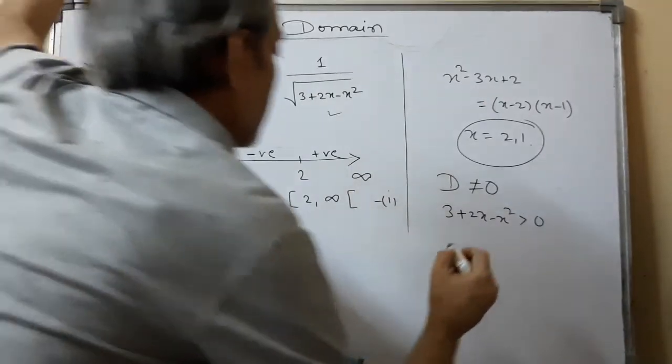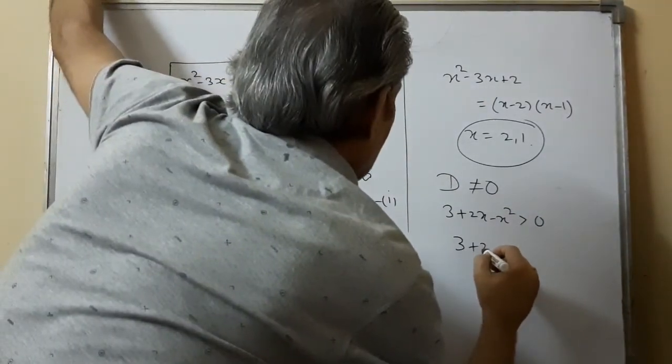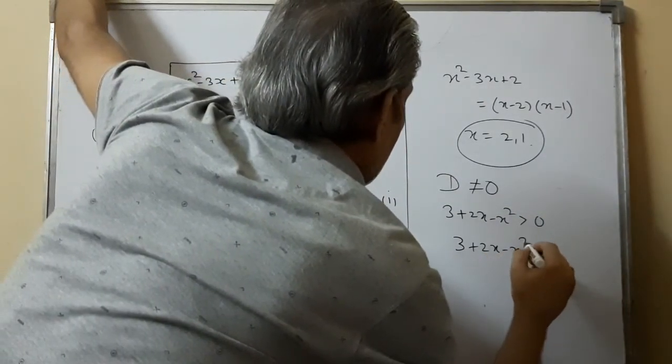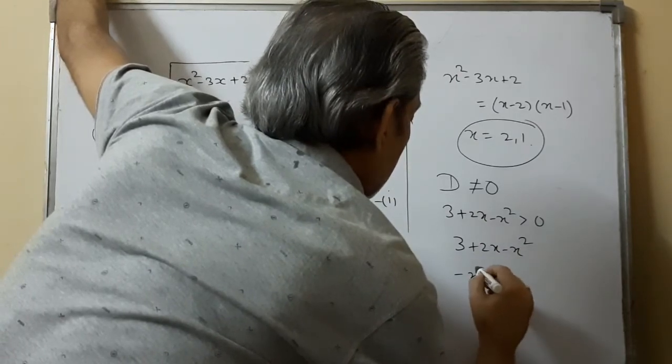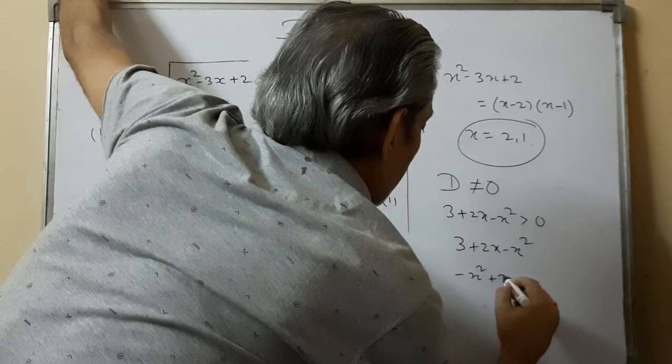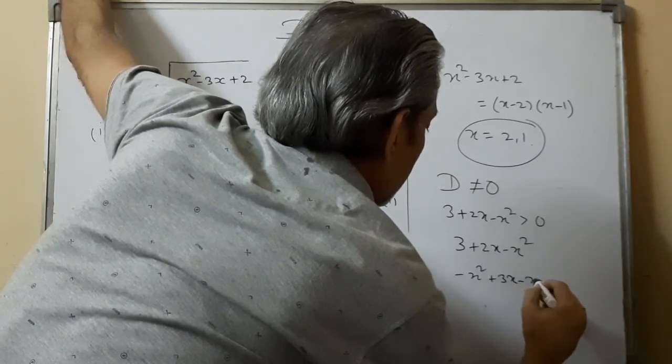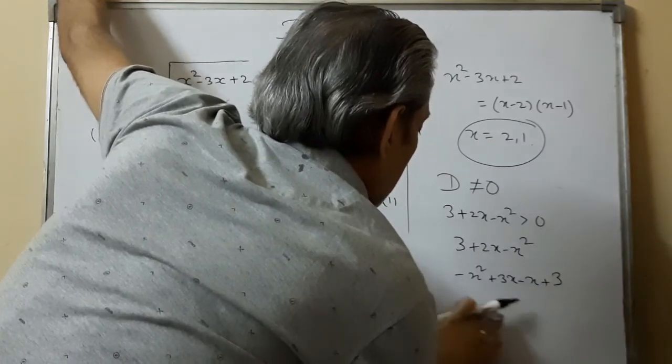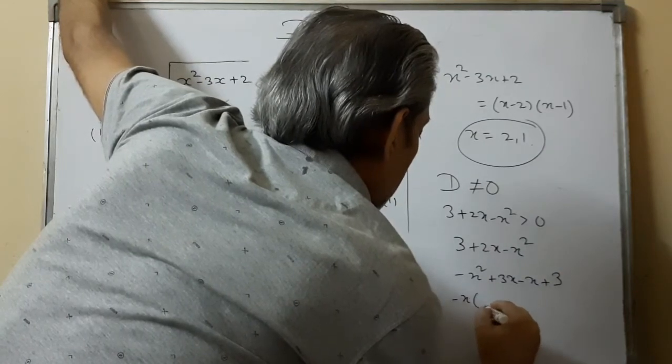So now factorize this. 3 plus 2x minus x square, we can write it like this. Take minus x as common.